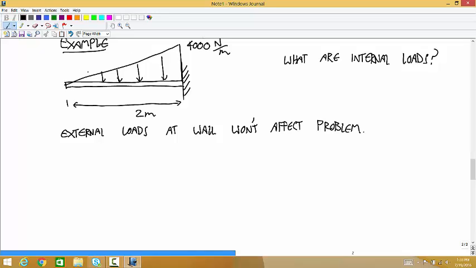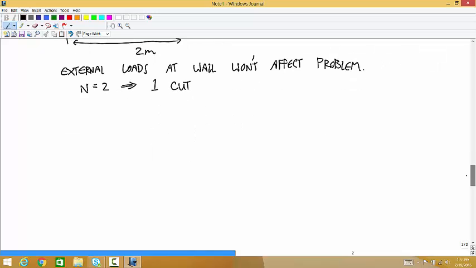Nope, it's all represented by this one triangular distributed load. So we just have 2 of these points where the subfunctions can change. So n equals 2, and we just need 1 cut. So cut 1 represents all x values between 0 and 2.